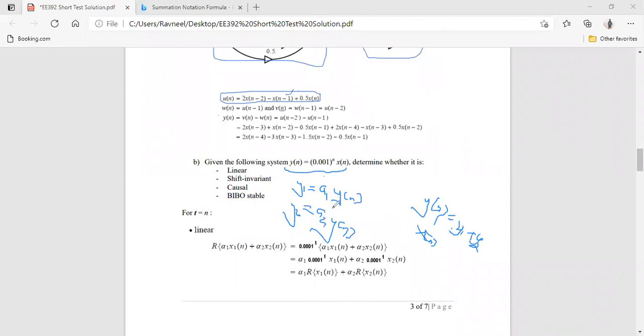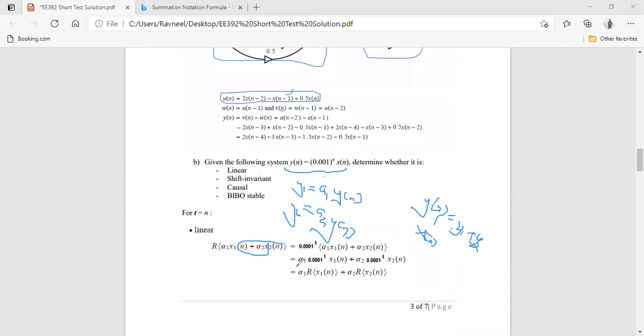You have considered these two, and then you test for your x1 and x2 replaced in place of x of n. So doing that, replacing x of n, which is an additive and homogeneity property, that is x1 plus x2 multiplied by a constant, and replacing this into this particular formula, we should be ending up with y1 plus y2, right?